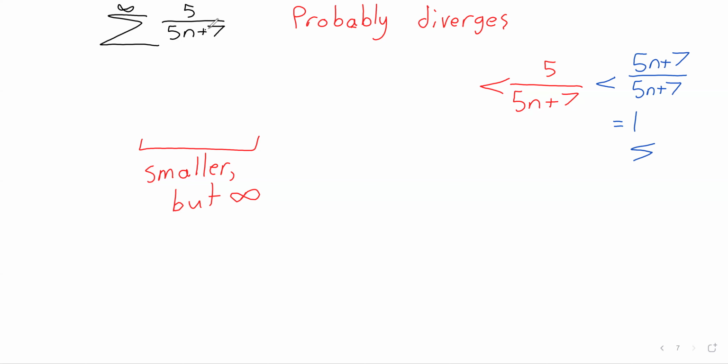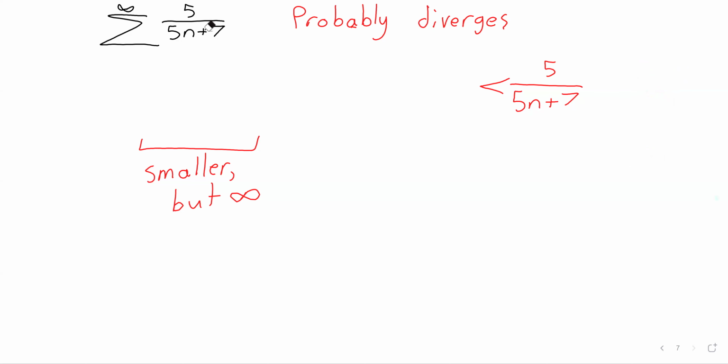It doesn't tell us anything. We need to be bigger than infinity. And we say, okay, so we're trying to decrease the fraction.